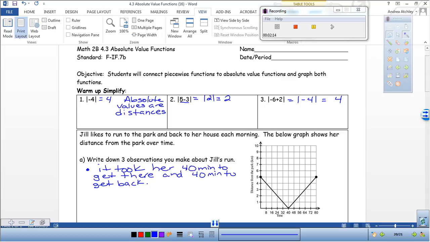Diane, did you notice something else? It's their symmetry. They have symmetry right at 40. Anyone else know something about where I go? Has a slope?